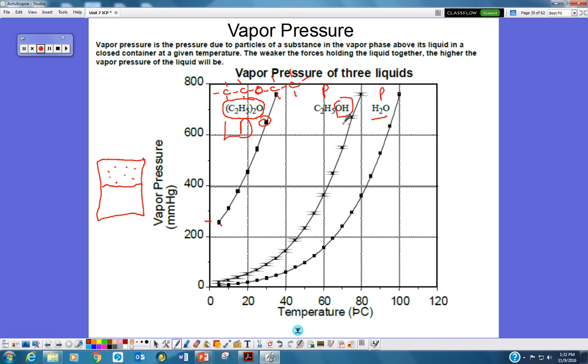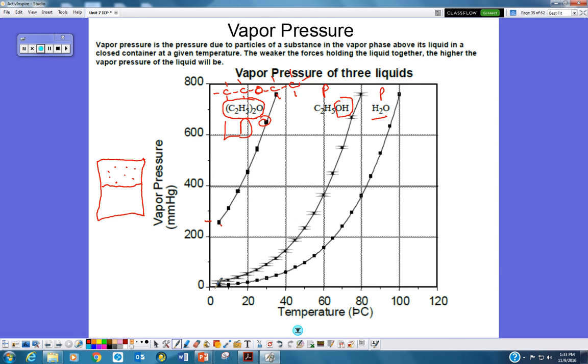This one is going to be more polar. This one is polar because it has the hydroxide on it, but this one is even more polar because it is only the hydrogen bonds on it.